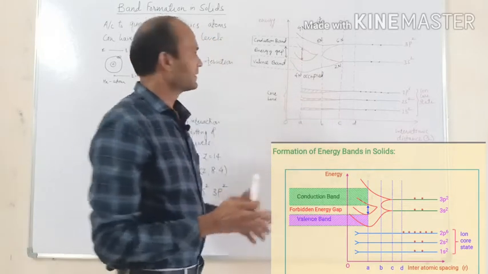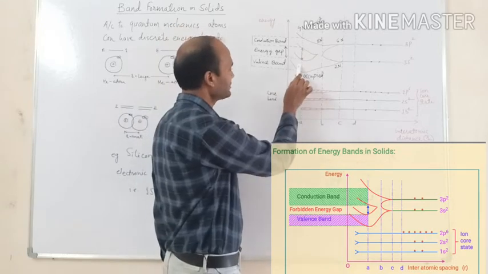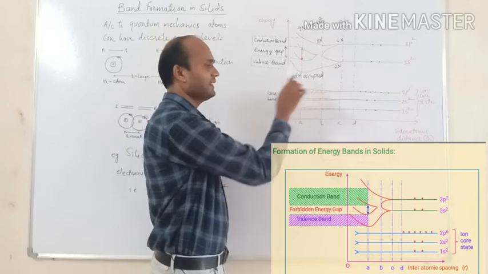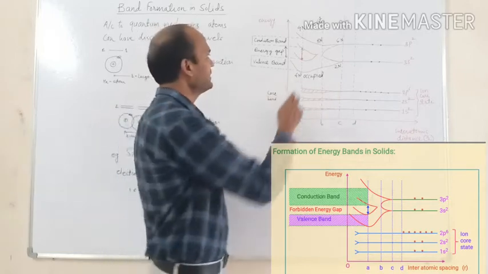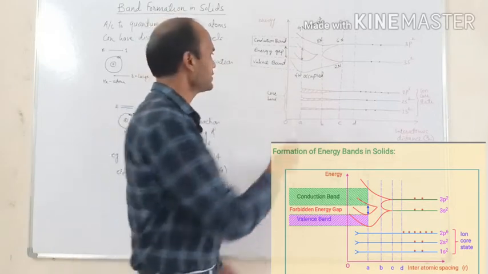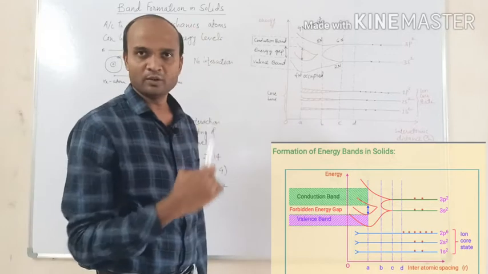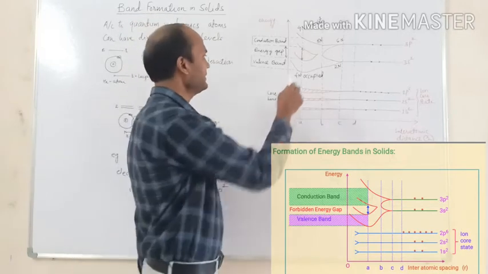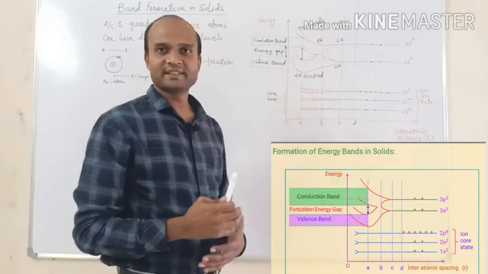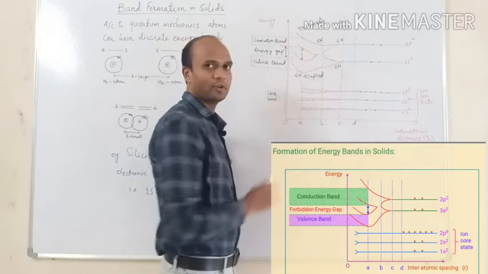During this splitting, energy states will also be split. This lower band contains 4n energy states, while the upper band contains 4n energy states, out of which 4n occupied states are present in the lower band and 4n empty states are present in the upper energy band.